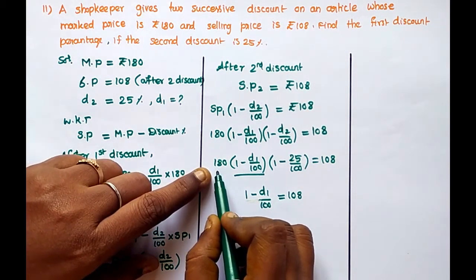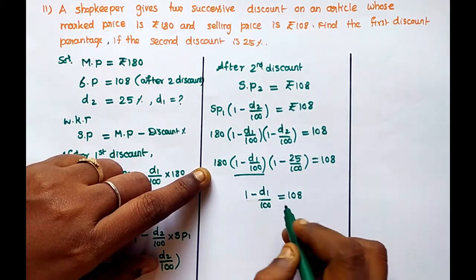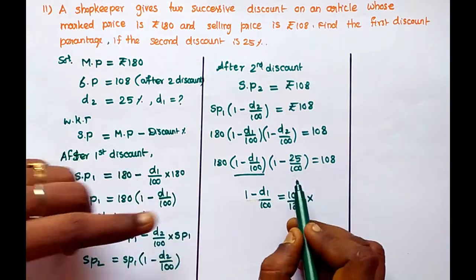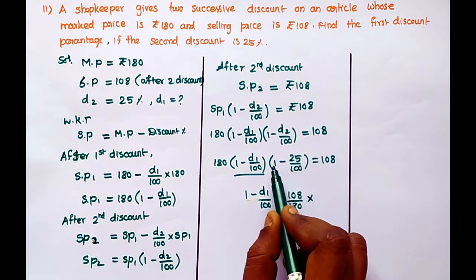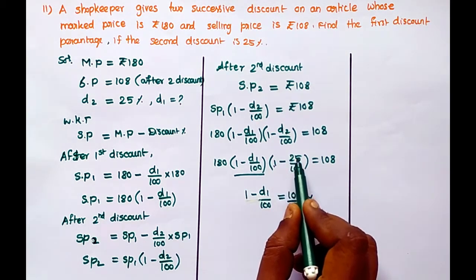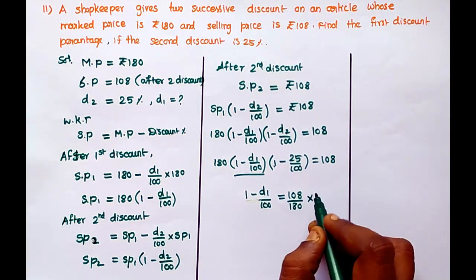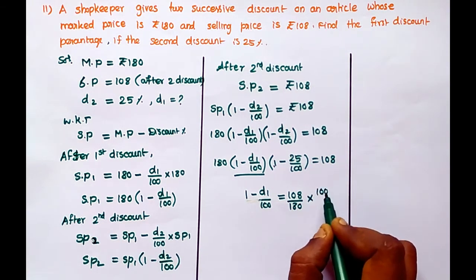Listen, here 108 is in multiplication, so bring this side means division, into 100 minus 25, that is 75 by 100. Bring this side means it takes reciprocal, so 100 by 75.